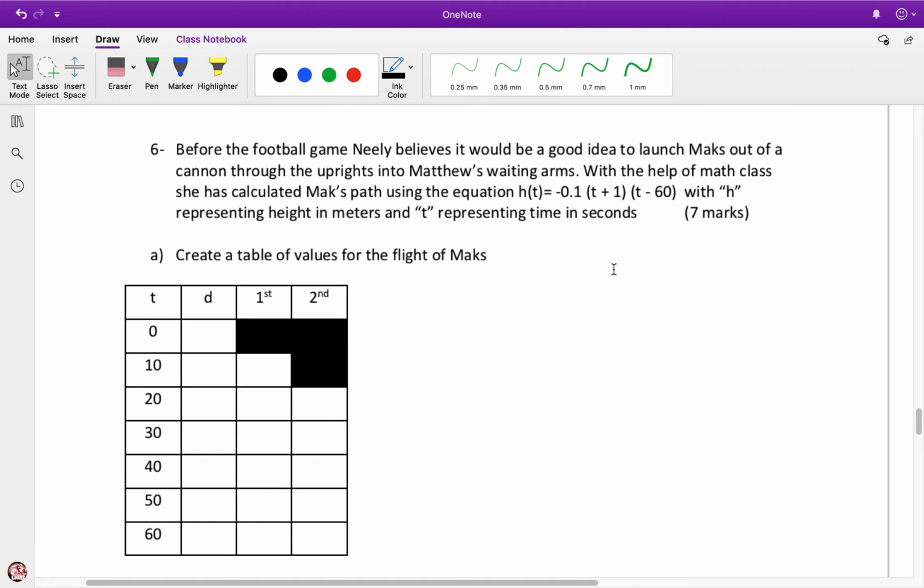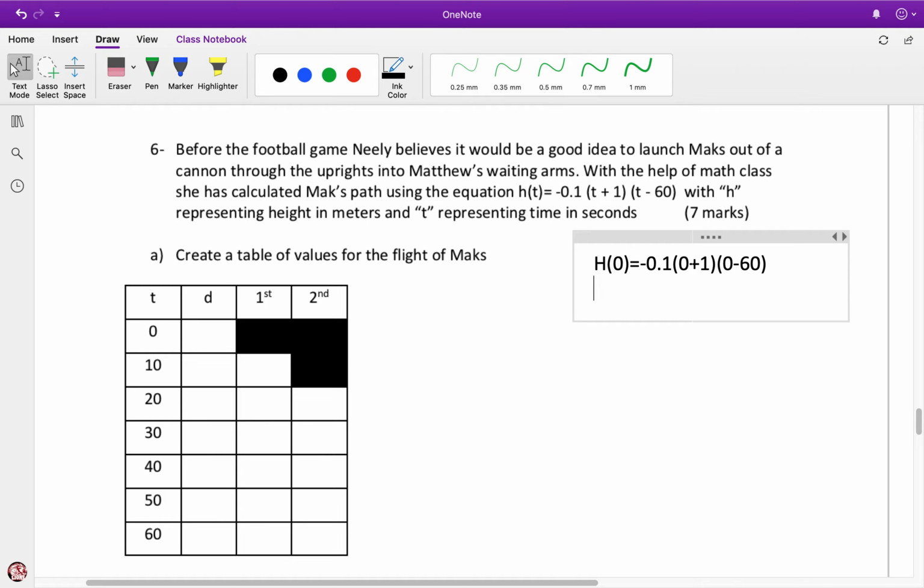So, if I were to show you the first one, this is going to be h of 0 equals negative 0.1 bracket 0 plus 1 bracket bracket 0 minus 60 bracket.